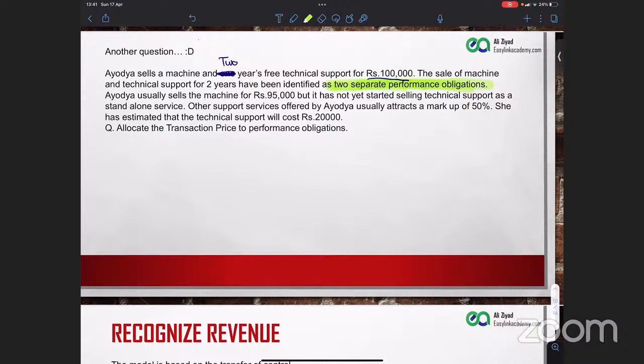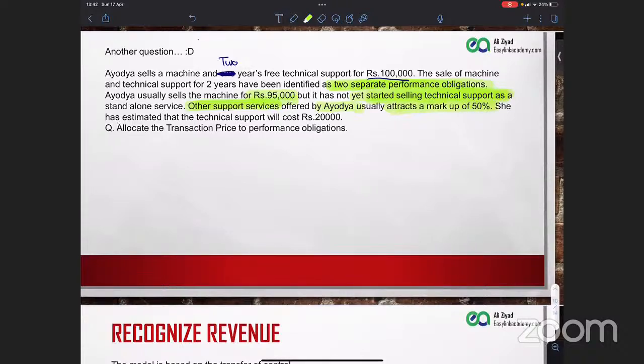Now, Ayodhya usually sells the machine for 95,000 rupees, and it has not yet started selling technical support as a standalone service. Has she already started selling the service now? No, sir. However, other support services offered by Ayodhya usually attract a markup of 50%.